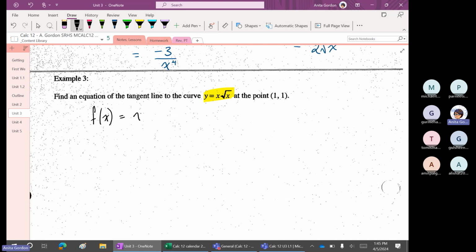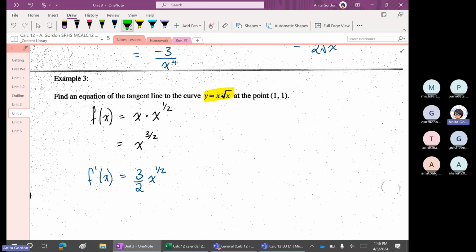I have x times x to the power of 1/2. Right, so this is x to the 3/2, right? So what is now f prime of x? X to the 1/2, good, okay.